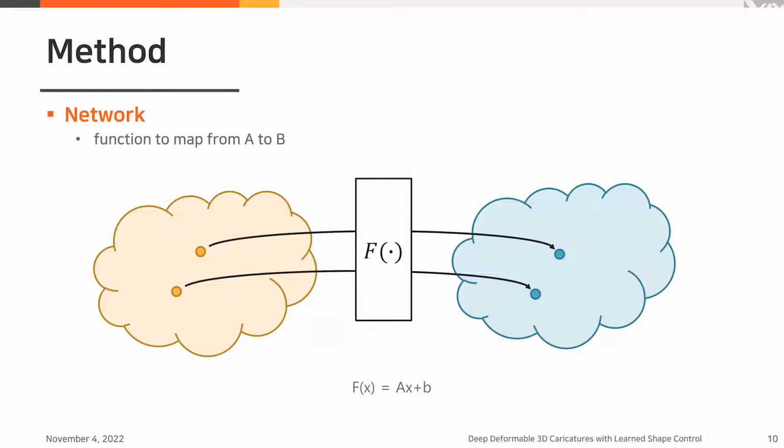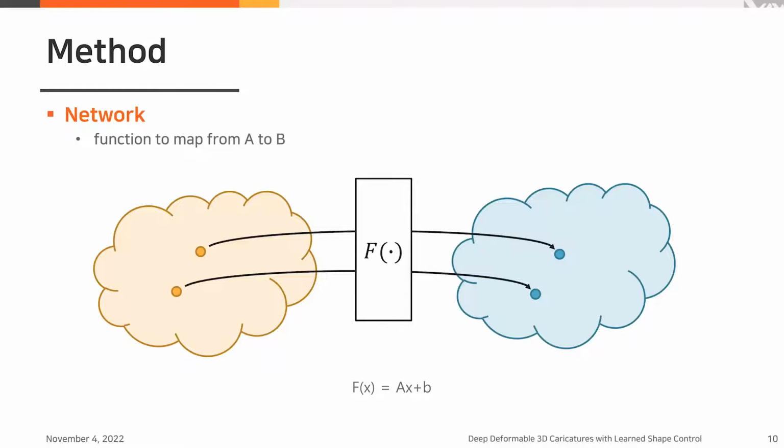Let's say we have trained this network F that automatically maps the data in the orange space to the corresponding data in the blue space, and let's say that function is ax plus b.